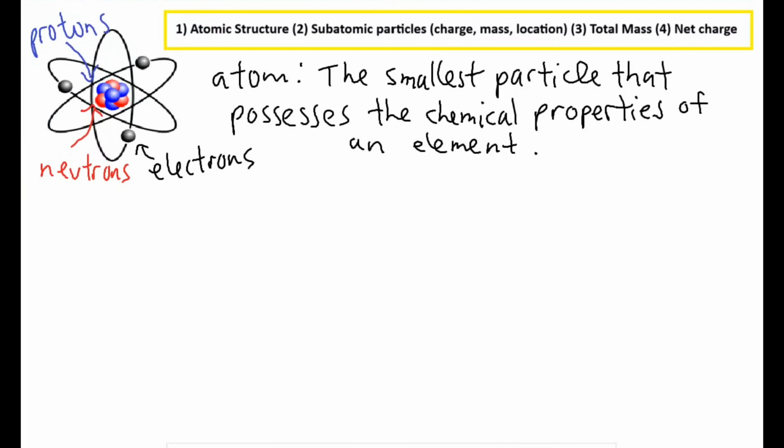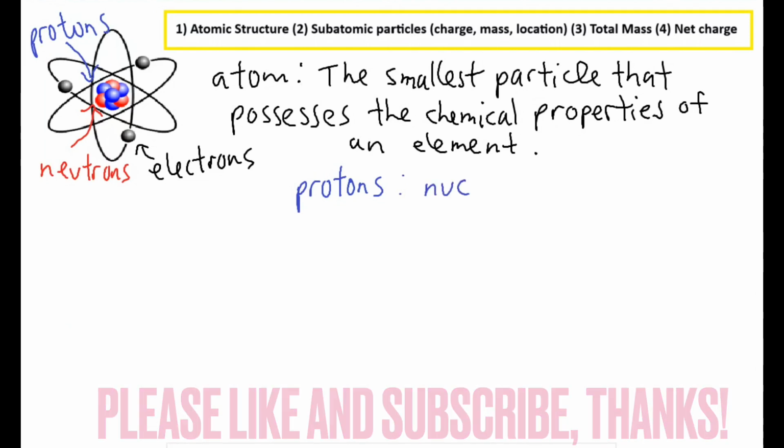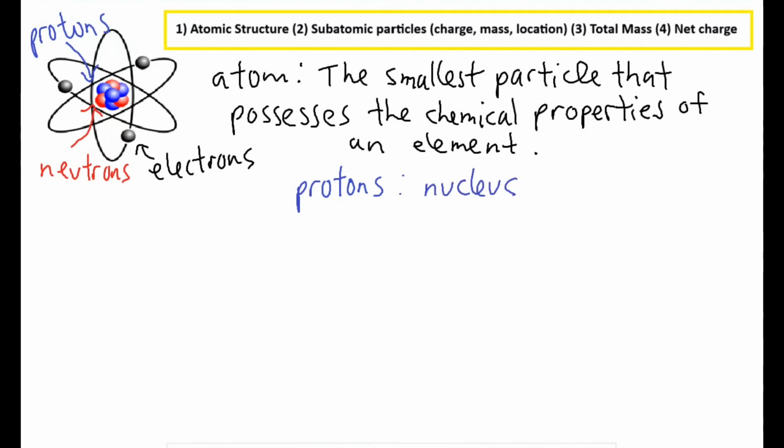Now, as you can see in this drawing already, we have the protons that are in the center of the atom, which is known as the nucleus. So we have the location of the proton in the nucleus.